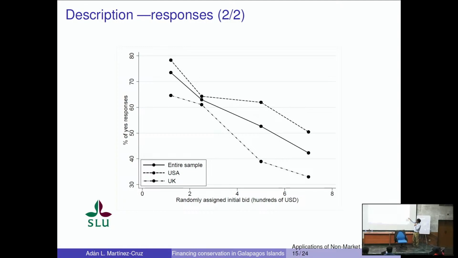The people answering yes to 150 are 72. The people answering yes to 150 are 61. And then we got to 52, 42. We tested these values, and in some cases they were coming less monotonically decreasing.